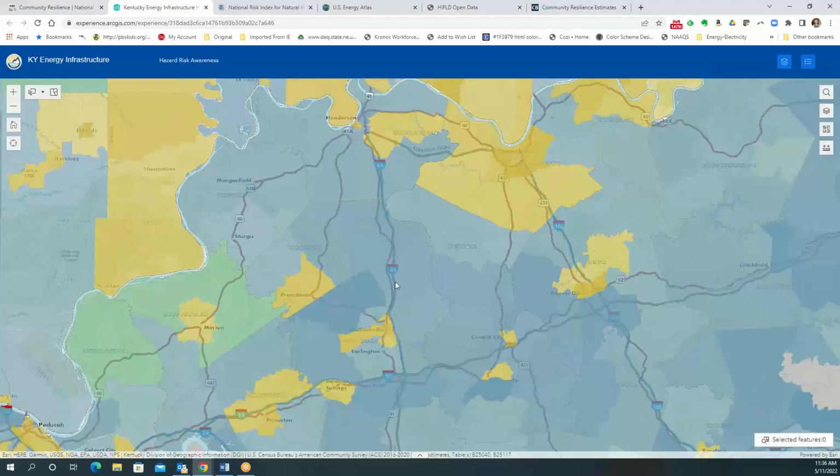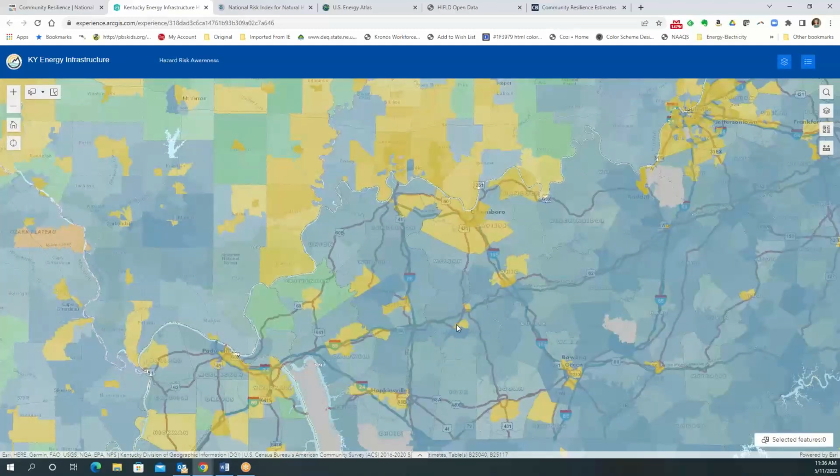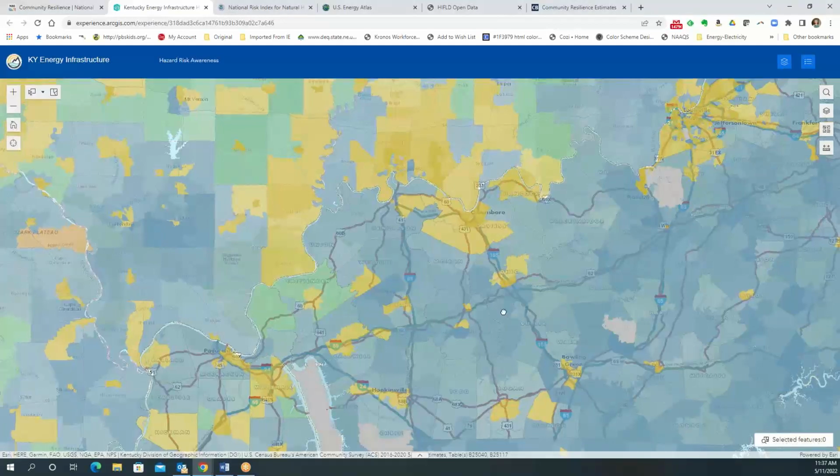So this is also important when we're looking at how we prepare for certain areas of the state that may be dependent on fuels during an event or more at risk, and how that affects the infrastructure. So here we know we have areas of the state that, if we have a natural gas disruption, we know the specific pockets of the state that are dependent on that for home heating. If we have a propane supply disruption, we can see those areas of the state as well.